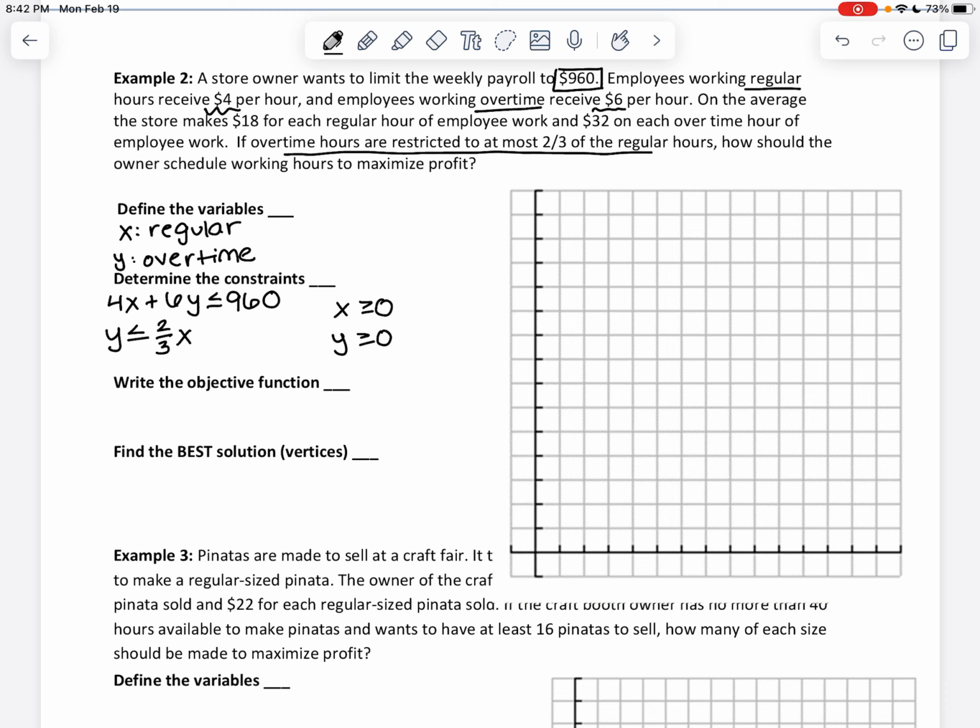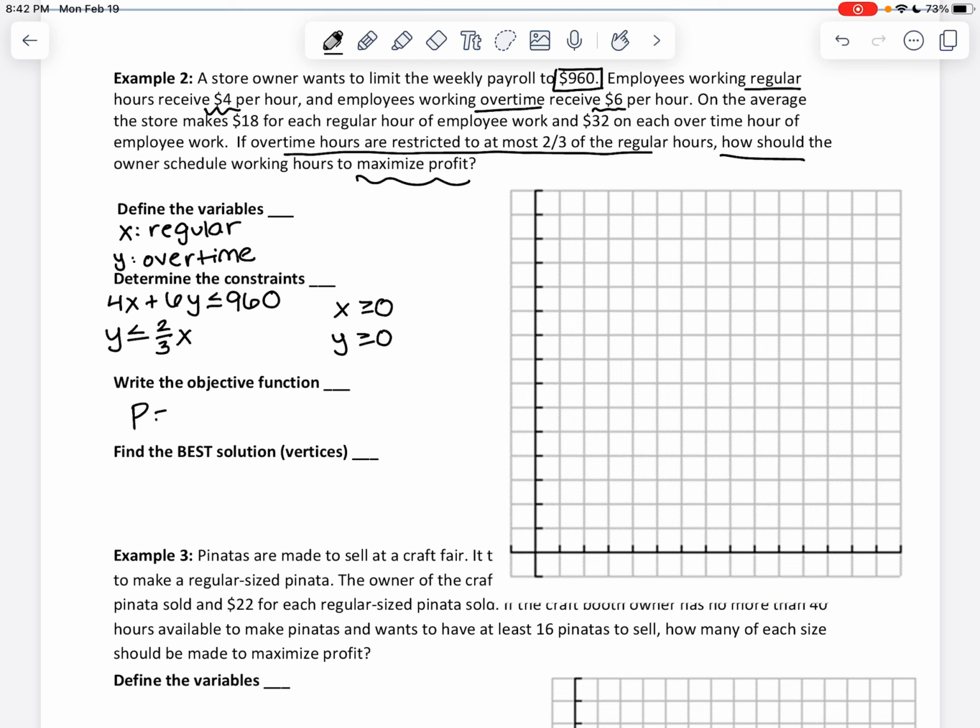All right, so we can then go on and write the objective function now. You could always graph it first. But the objective function, this is what we're trying to maximize or minimize. So how should the owner schedule working hours to maximize profit? What that tells me is that profit is what we want our objective function to be.